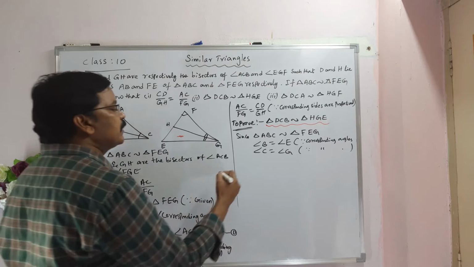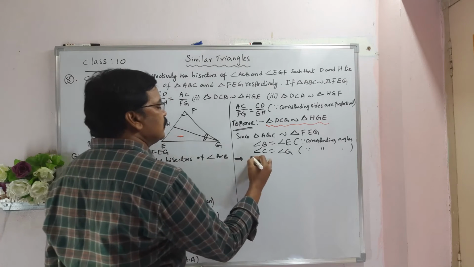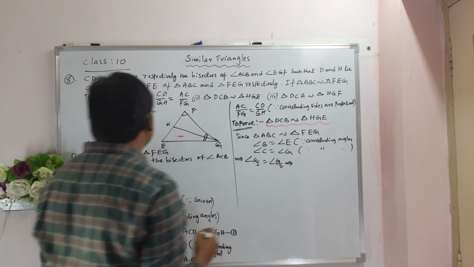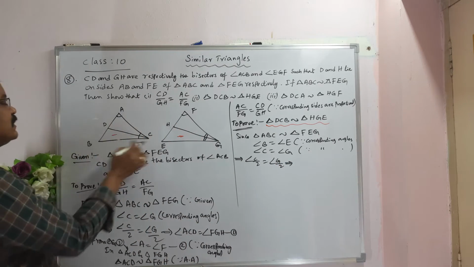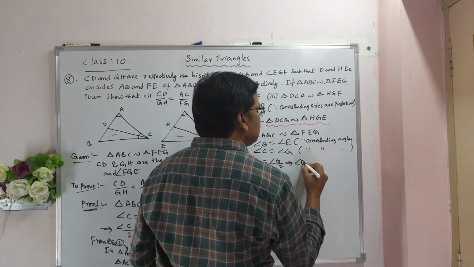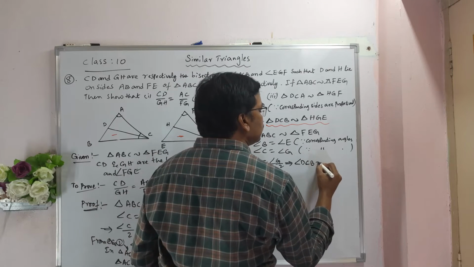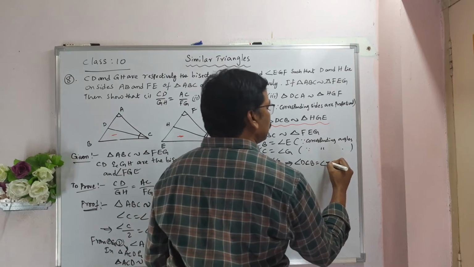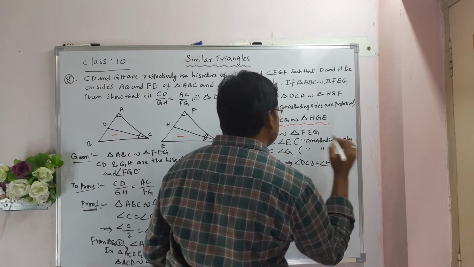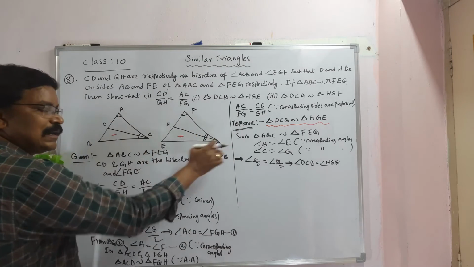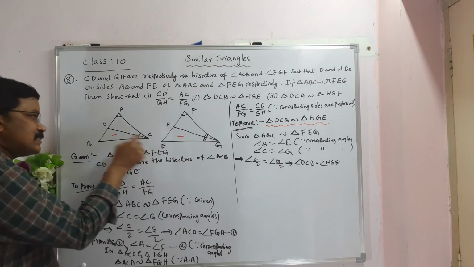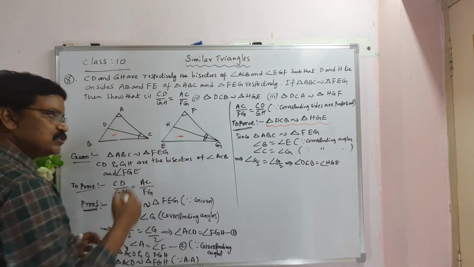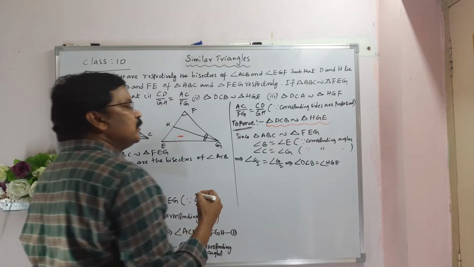Okay, here I will halve it like the previous sum. Angle C by 2 is equal to angle G by 2. This implies angle DCB is equal to angle HGE. Why? CD and GH are the bisectors. Therefore, angle DCB and angle HGE are equal.